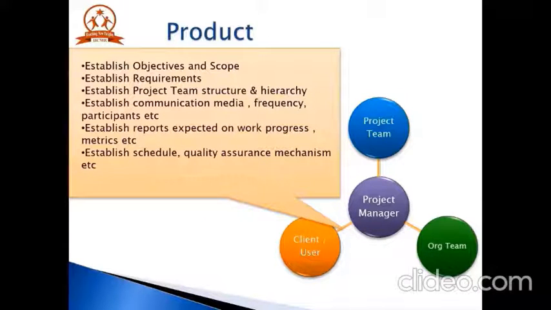Based on it, establish requirements, project team structure and hierarchy. Establish communication media, frequency and participants. Establish reports expected on work progress, software product and process metrics. Establish project schedule and quality assurance mechanism.